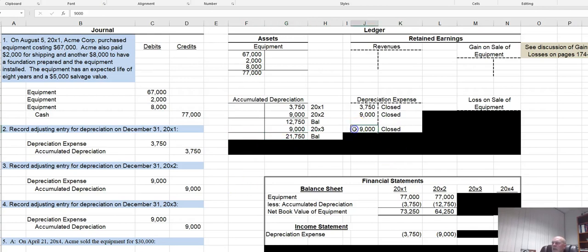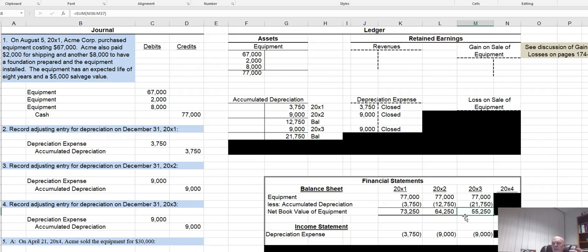So the expense of $9,000 goes onto the income statement, but the original cost and now the accumulated depreciation at the end of year 3 on the balance sheet gives us a book value of $55,250.